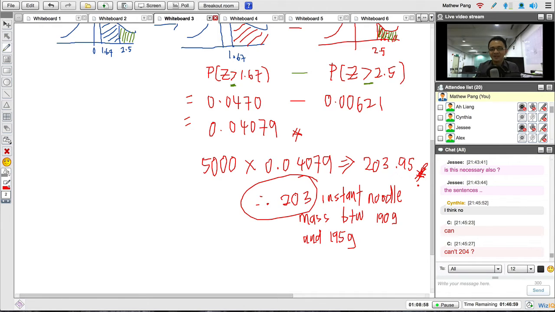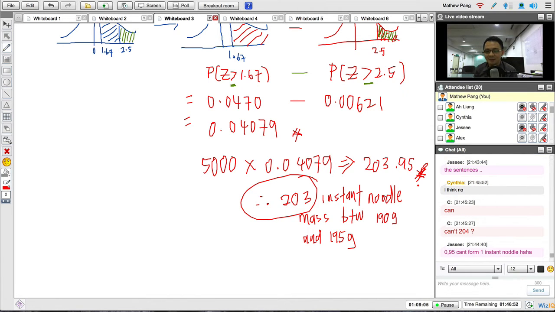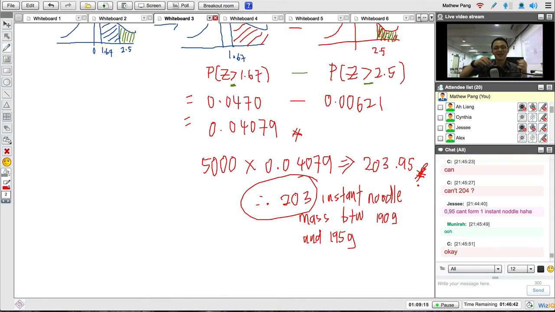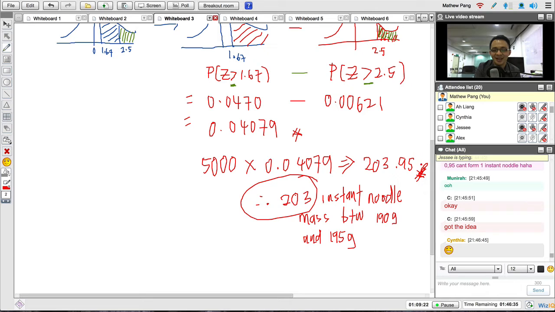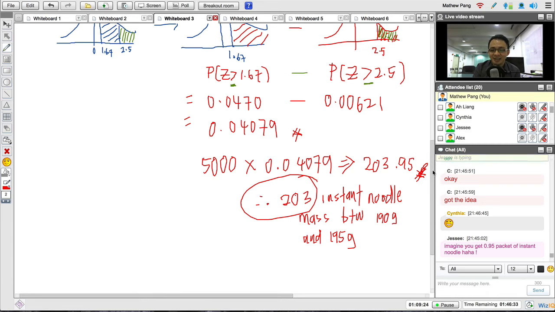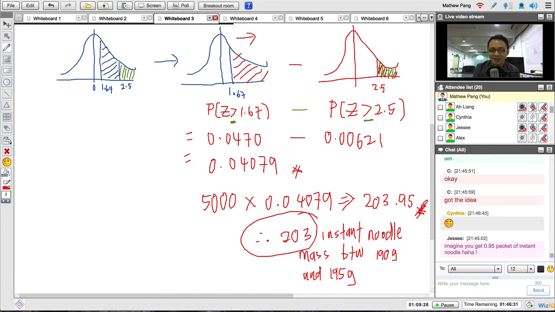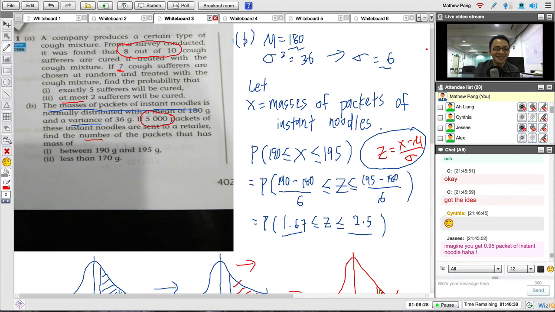You cannot take 0.95 and then add the 0.05 by myself to make another one come out. Cannot round off in this case. 0.95 is 0.95 already. It cannot suddenly add on and become 1. Just don't round off in this case. Okay, thanks if you got the idea.